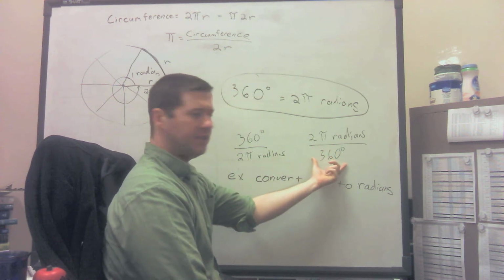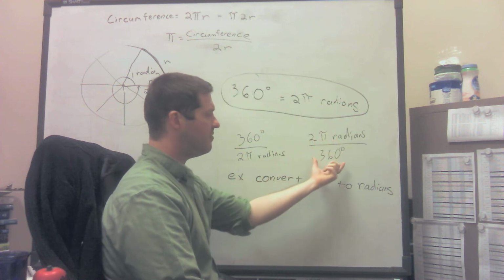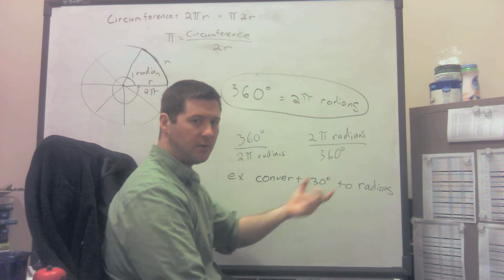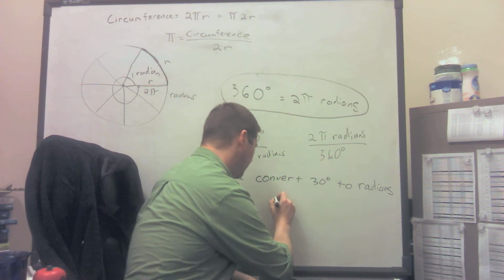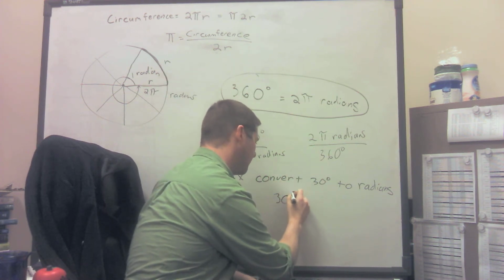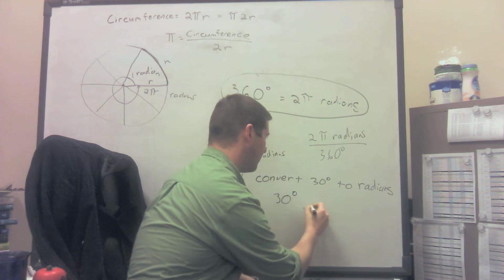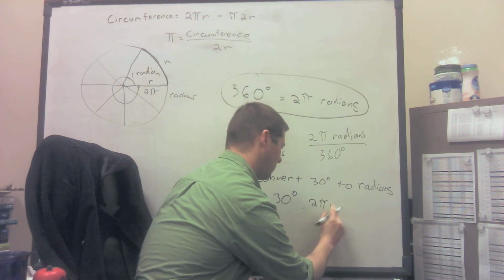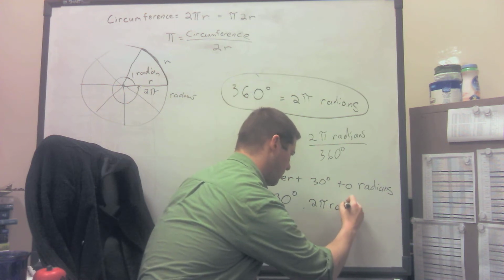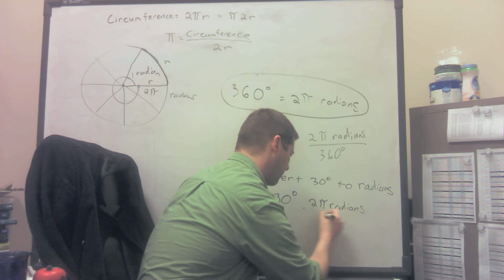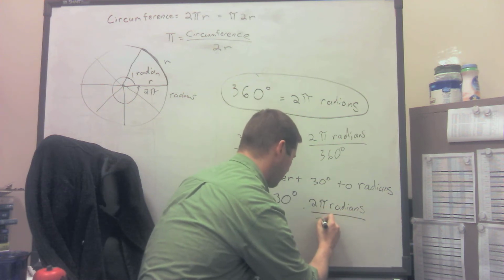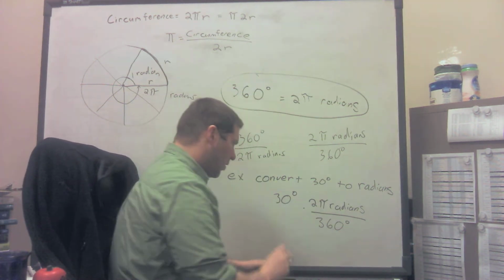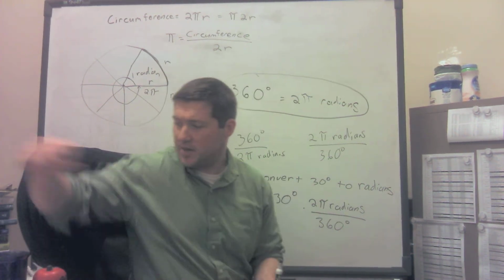So this is the one I'm going to choose: 2 pi radians divided by 360 degrees. So that's what I'm going to multiply this by in order to convert it to radians.